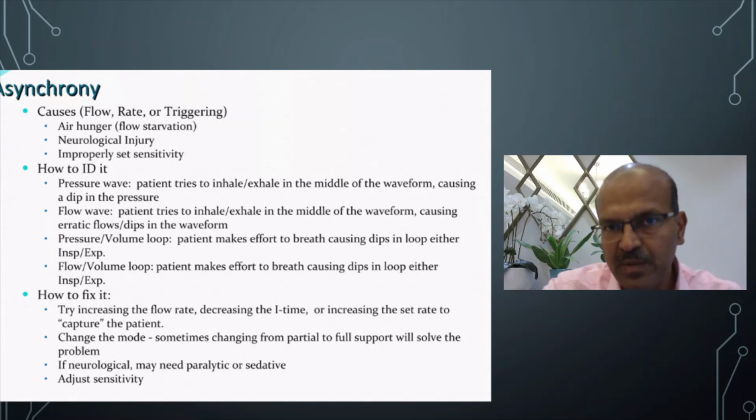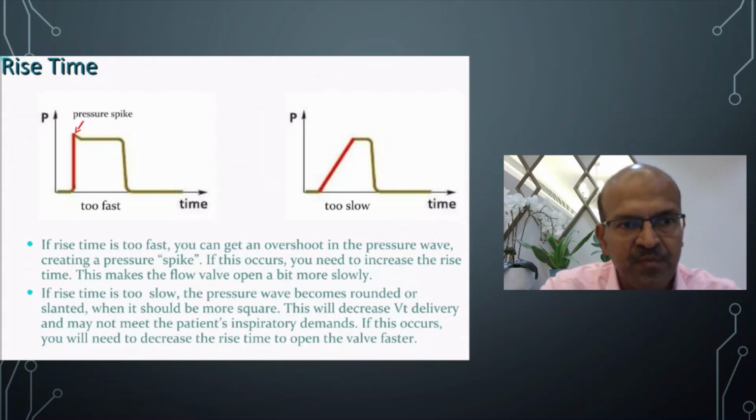If it's a bigger baby, keep a higher flow trigger according to the baby's size. So we already saw on the flow volume and pressure volume loop how the asynchrony manifests, and you can try to adjust the respiratory rate, you can try to adjust the trigger settings, and we can change the mode as well. If it is a neurological condition like irritability or seizures, you may paralyze or sedate the baby.